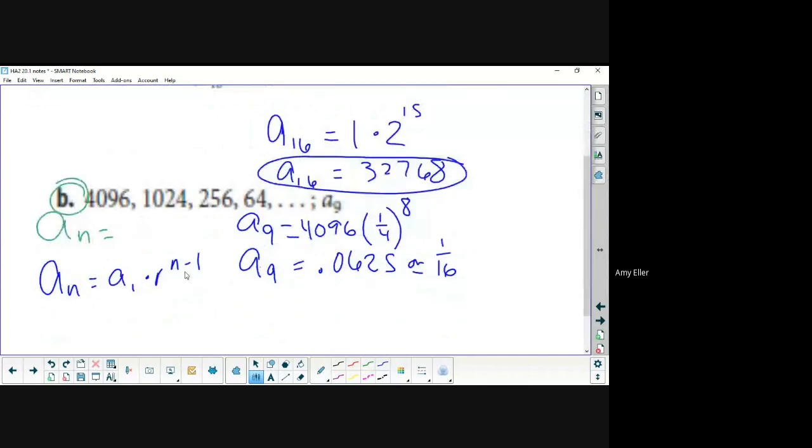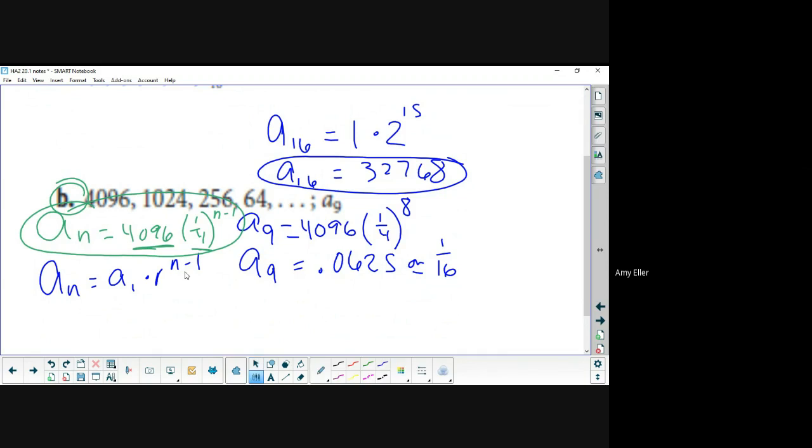The way I write my formula is a sub 1 times r to the n minus 1. And that's just how I leave it. There's no simplification that can happen there. It would be very wrong to multiply this times a fourth, because one has an exponent and one doesn't. So this is your formula for any term a sub n.